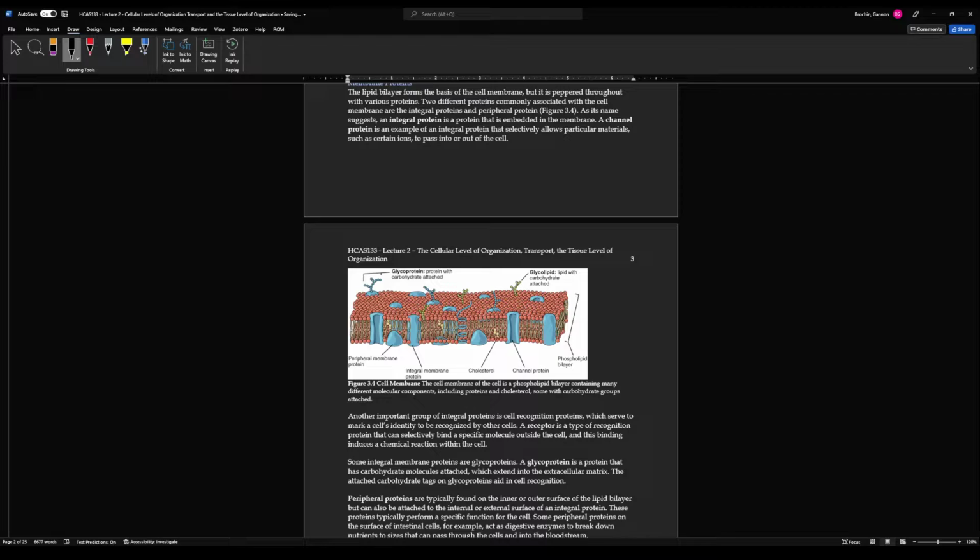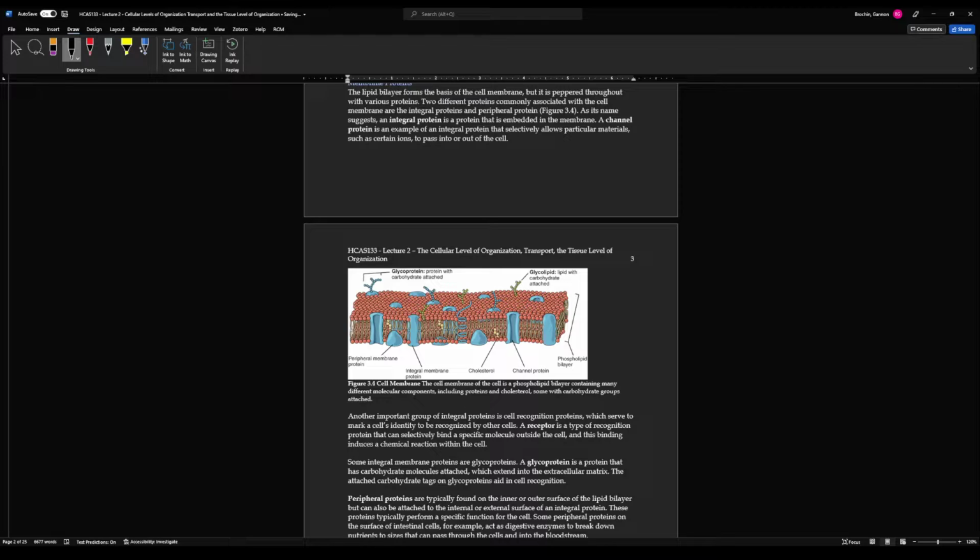And again, this is a type of passive transport, and we will be talking about transport types a little bit later. But these proteins can do things related to transport, especially something like a channel protein.